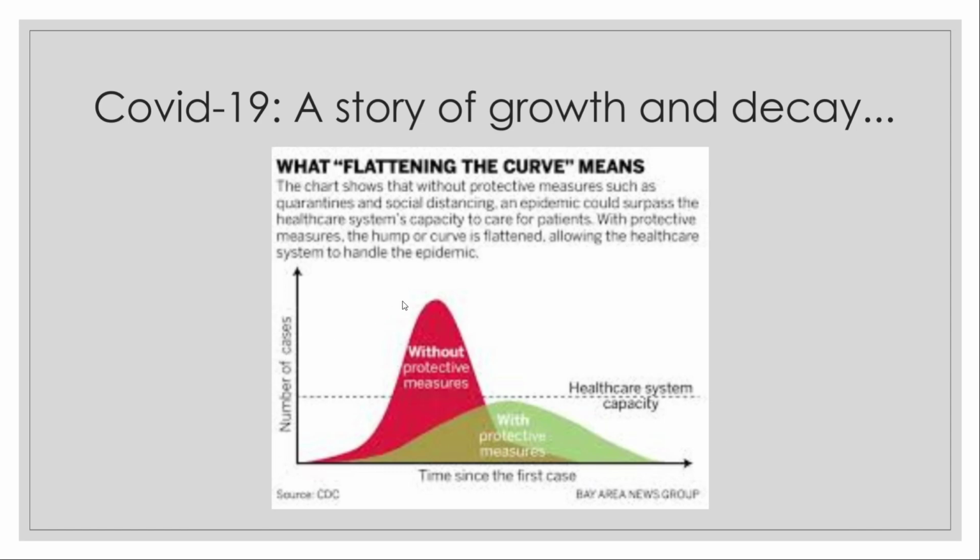If everybody's doing what they normally do, you know, if we were all going to school, concerts, football games, whatever, then it would look more like this. And that's when it gets really dangerous because our hospitals get too full. And this is why we needed to go on lockdown.